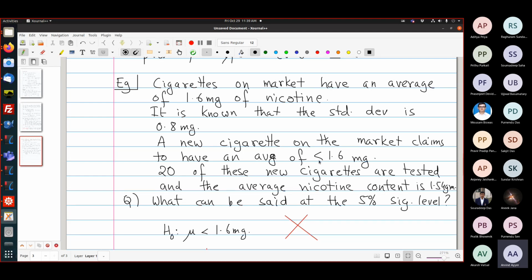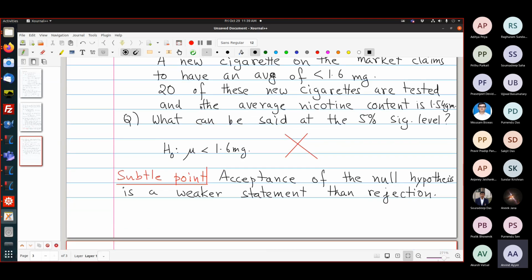That is the principle here. If the current claim says it's more than 1.6, we want it to be less than 1.6. Roughly that's what we're saying.